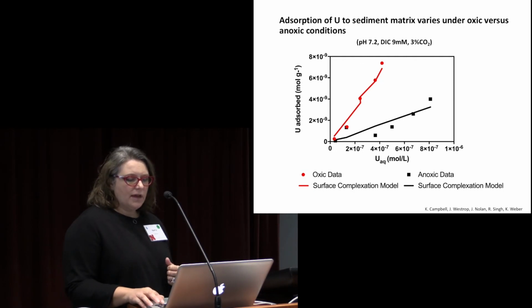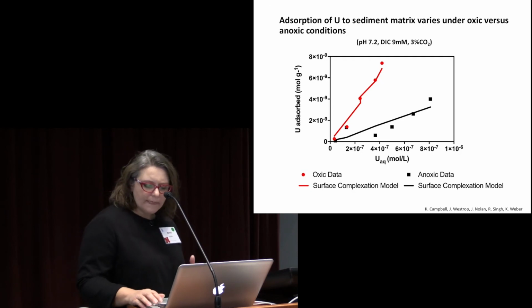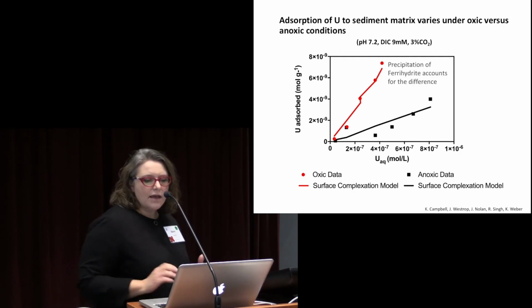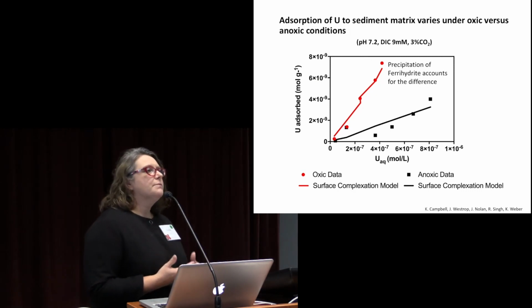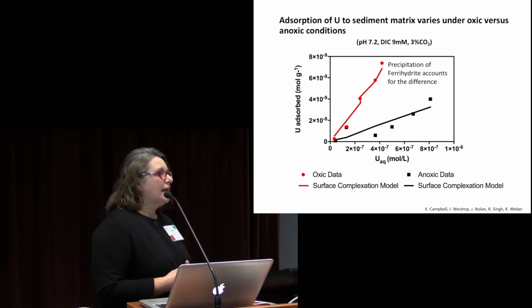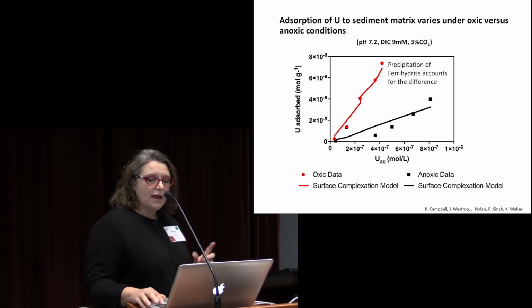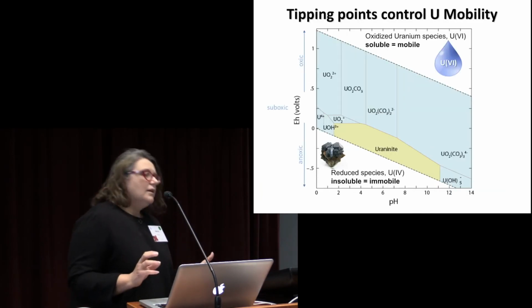In collaboration with Kate Campbell at the USGS in Boulder, and now at the Federal Center, we were able to account for this difference in adsorption simply by the precipitation of ferrihydrite, an iron oxide mineral. So iron oxides can also play a role in potentially retaining uranium. So perhaps even those two together.